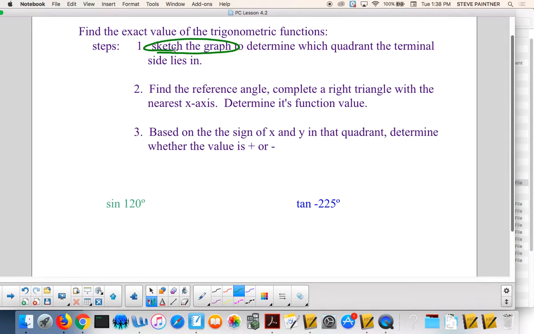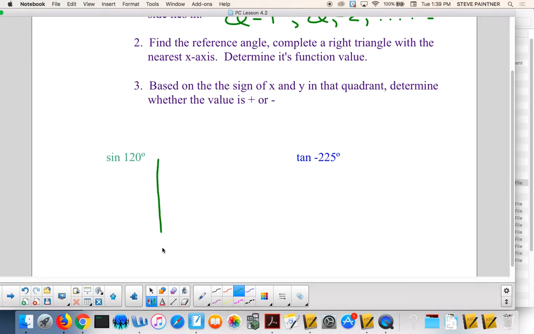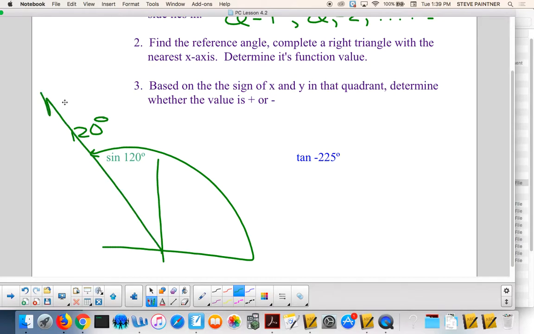To determine which quadrant the terminal side lies in, are you in quadrant 1, 2, 3, 4, whatever. Okay. So 120 falls in what quadrant? You're in 2. Okay. So you do know this is 120, I hope. Hopefully that's an easy one for you.